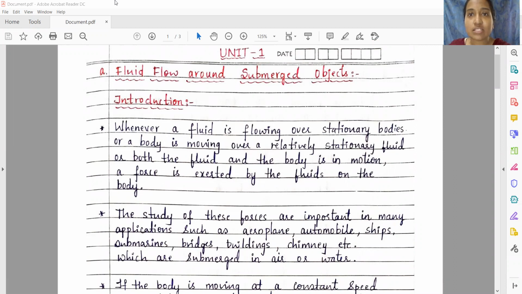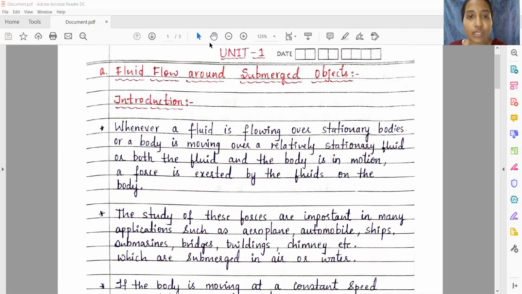Let us take the example of this aeroplane. The aeroplane is moving some distance before takeoff, and that is what we call the drag force.